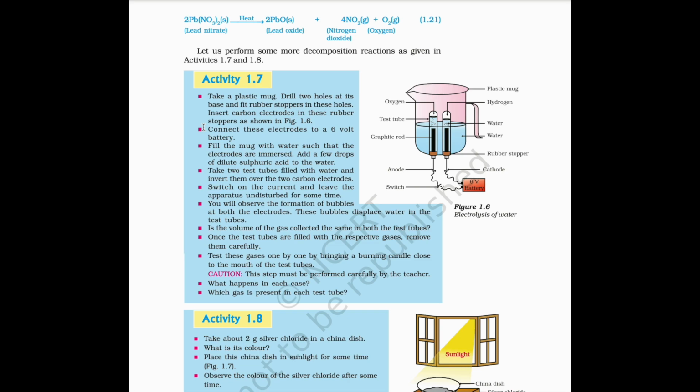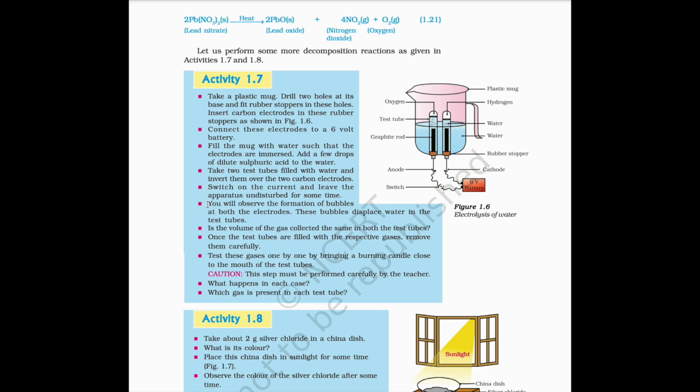Connect these electrodes to a 6-volt battery. Fill the mug with water such that the electrodes are immersed. Add a few drops of dilute sulfuric acid to the water. Take 2 test tubes filled with water and invert them over the 2 carbon electrodes. Switch on the current and leave the apparatus undisturbed for some time.